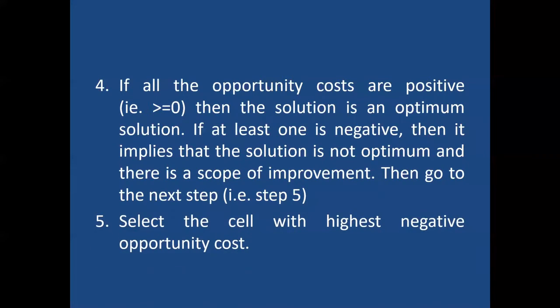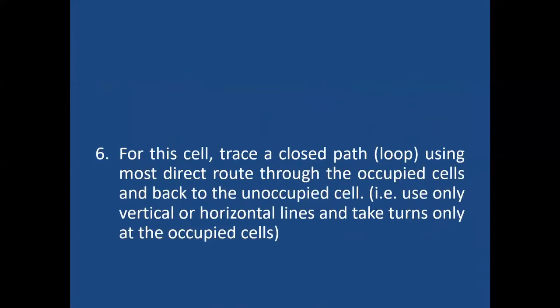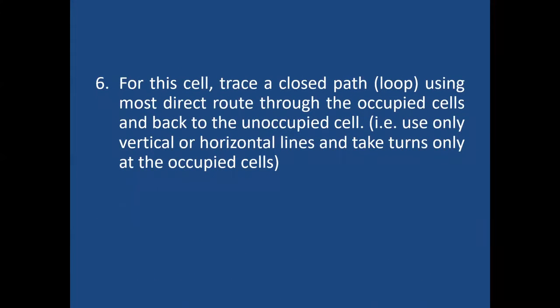And if there is scope for improvement, then we go to the next step. What is the next step? We select the cell with the highest negative opportunity cost. And that means in this cell, I can make some allocations. To make the allocations, we create a closed path, or you can call it a loop.